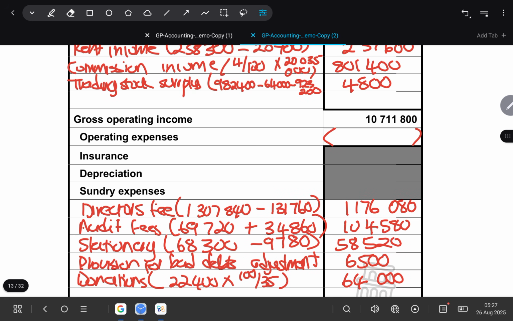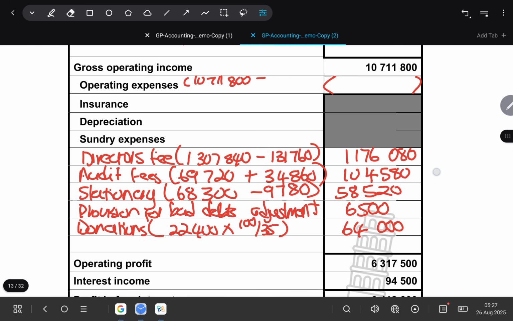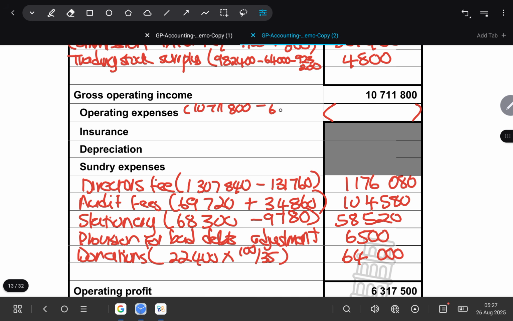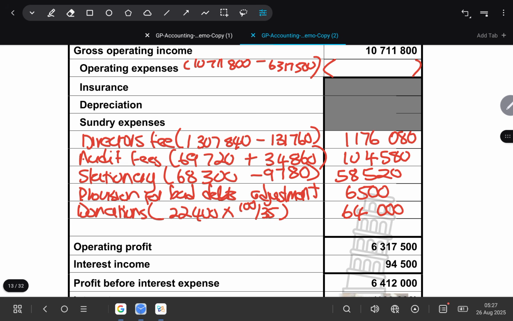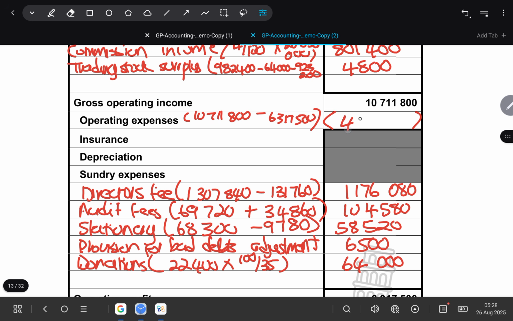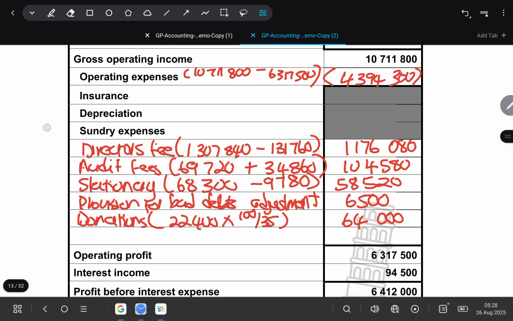I'm going to write it here. 10,711,800, I subtract 6,317,500, which gives us 4,394,300. Okay, then we are done with our income statement.